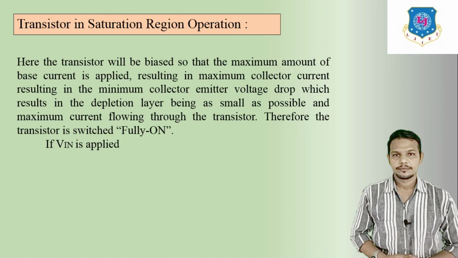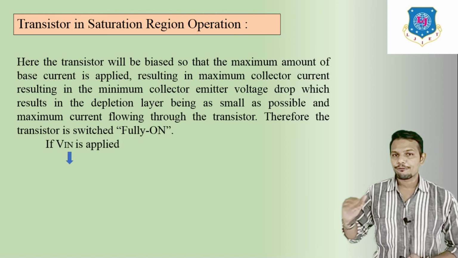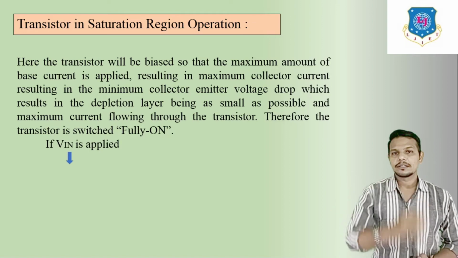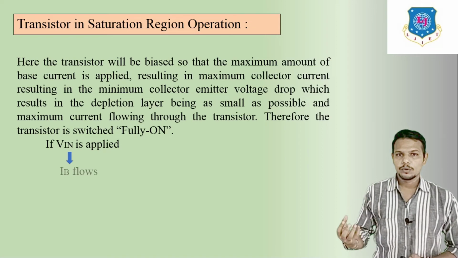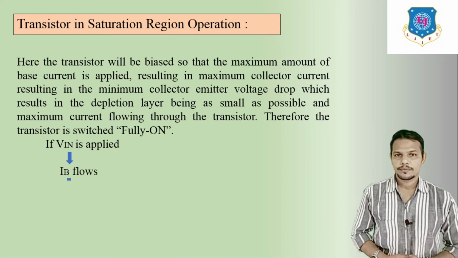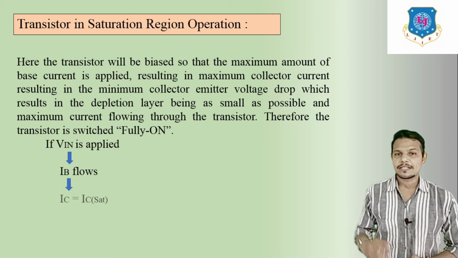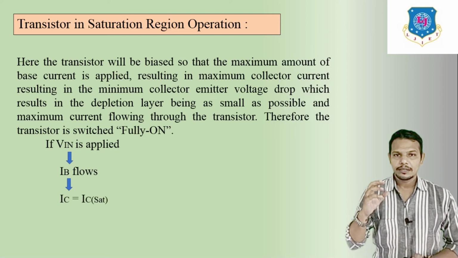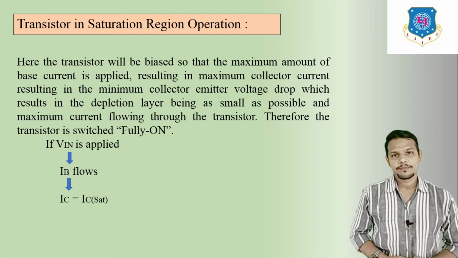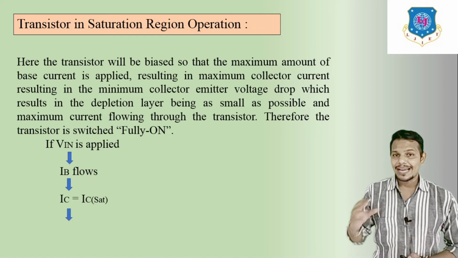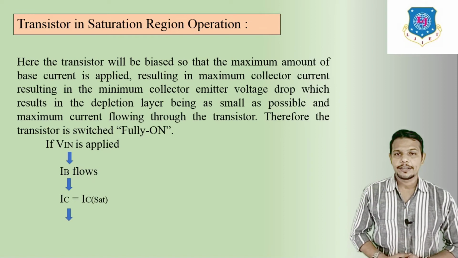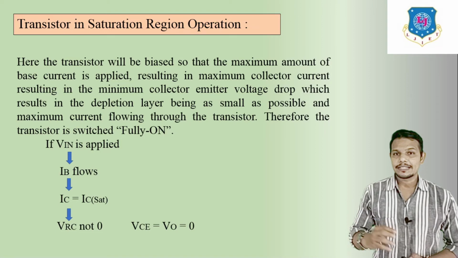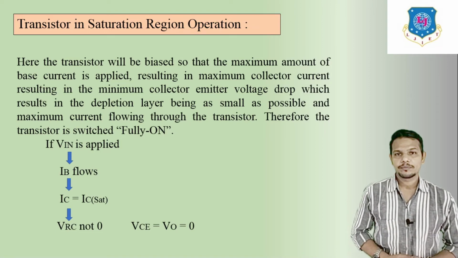Here we can see if we apply VIN of any value, IB flows. If IB flows, that means IC becomes IC saturated. If IC is equal to IC saturated, that means VRC is not equal to 0.